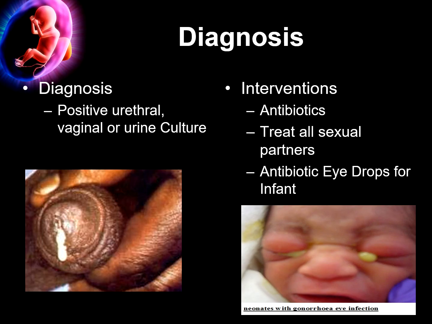The diagnosis can be a positive urethral, vaginal, or urine culture, and the interventions are antibiotics. We treat all sexual partners, and there are antibiotic eye drops for an infant that has been born to a woman who has gonorrhea, because the gonorrhea can infect the infant's eyes. Dual treatment is recommended.